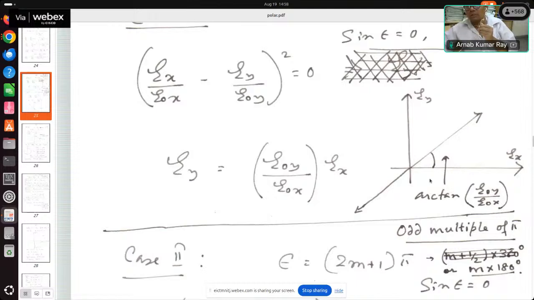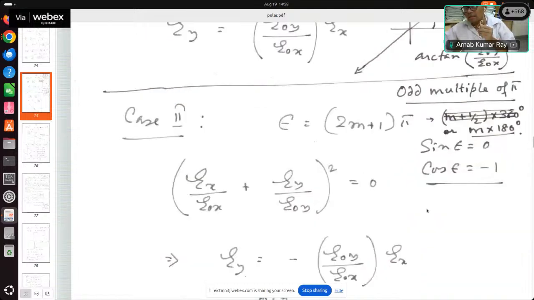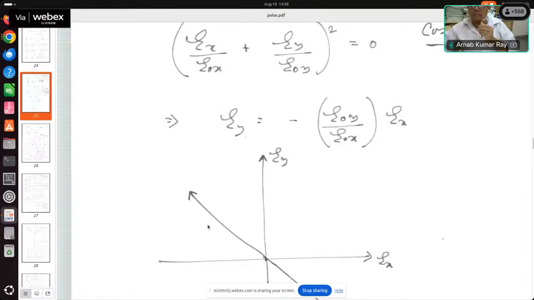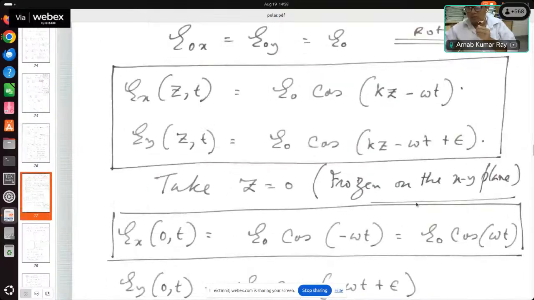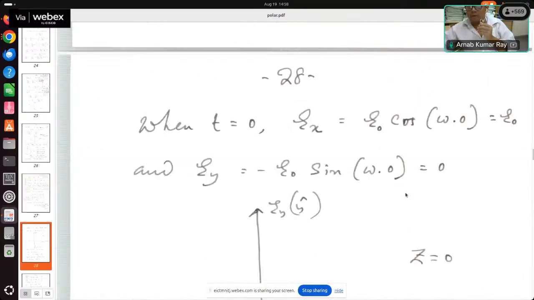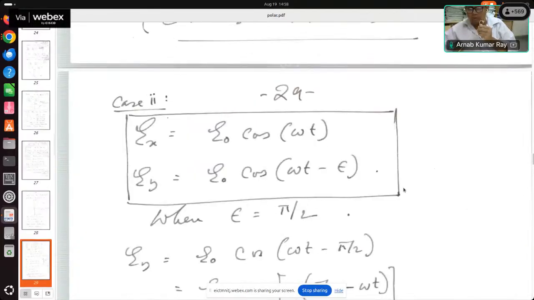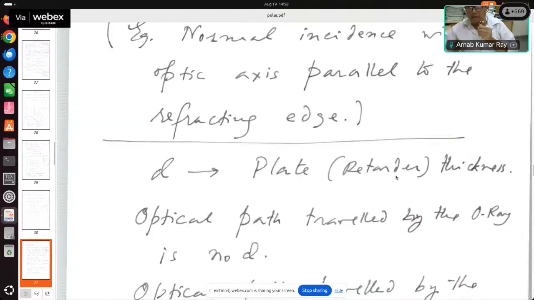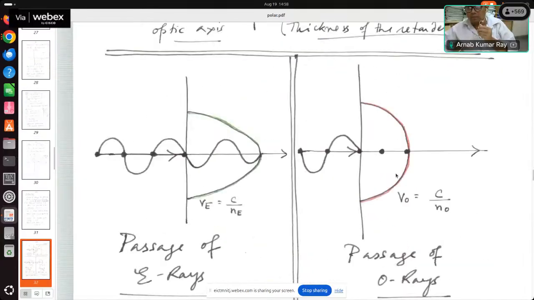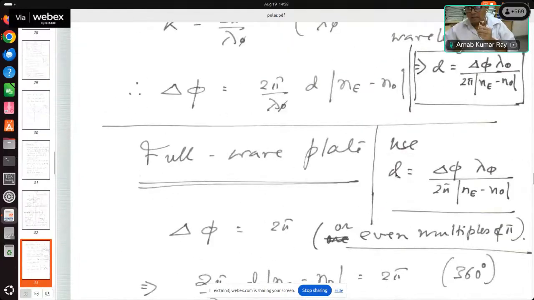If you suddenly introduce a phase angle of pi to that, immediately it will flip to the other side. The value of the slope will remain the same, except that it will pick up a minus sign. So that is what has happened here. The purpose of a half wave retarder plate is to introduce a phase angle of pi and create an orientation difference like that.